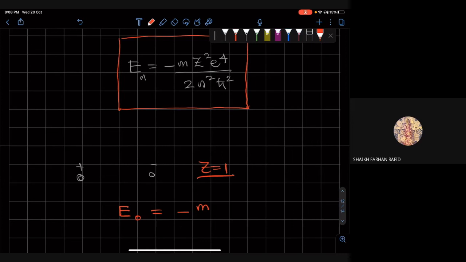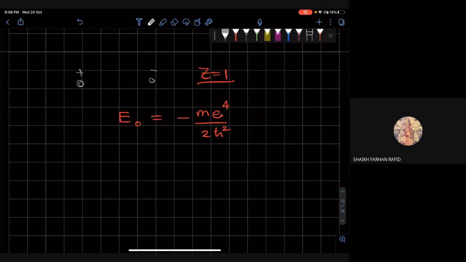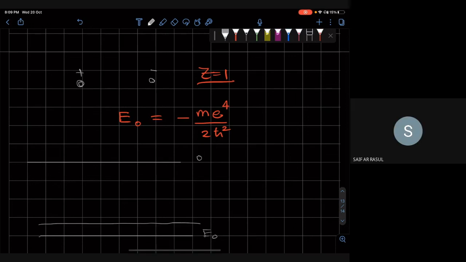This is minus m e to the power 4 divided by 2 h bar squared, right? So this is the ionization energy of the hydrogen. So the hydrogen atom energy levels: if this is 0, and this is E_0, then the hydrogen energy levels go as 1 over n squared, right?